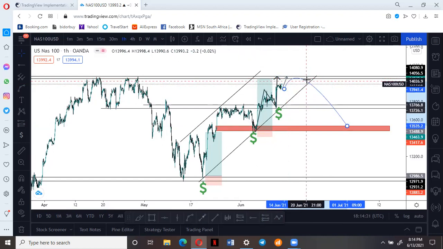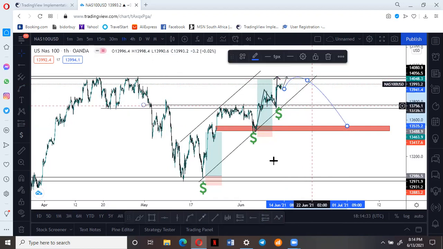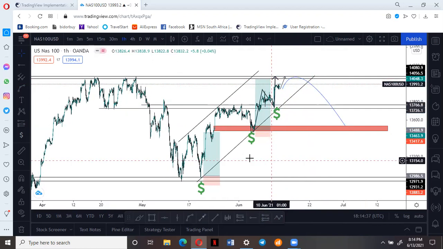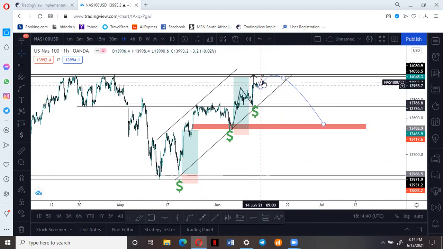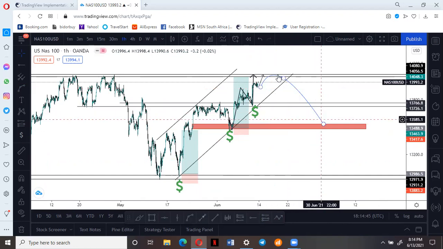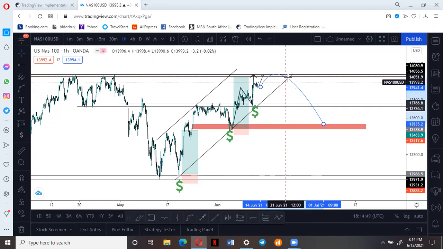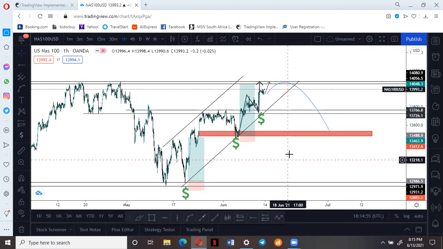That's what we are expecting, right? It makes sense that if it reaches this supply zone there, we want to see it coming down to that side there.